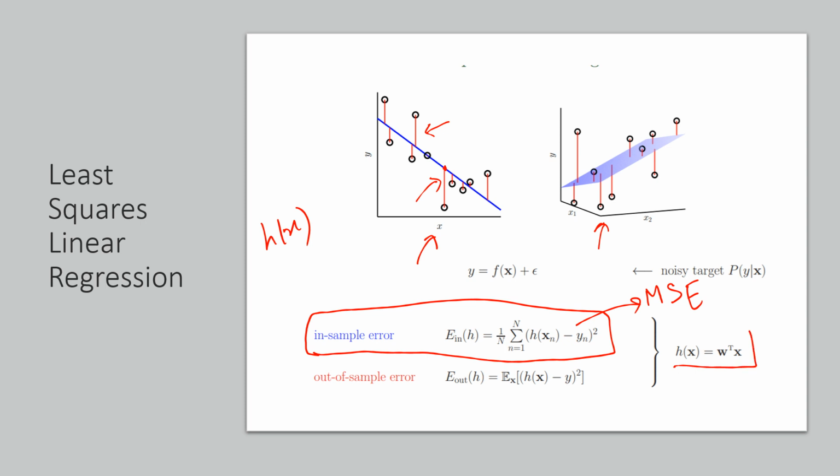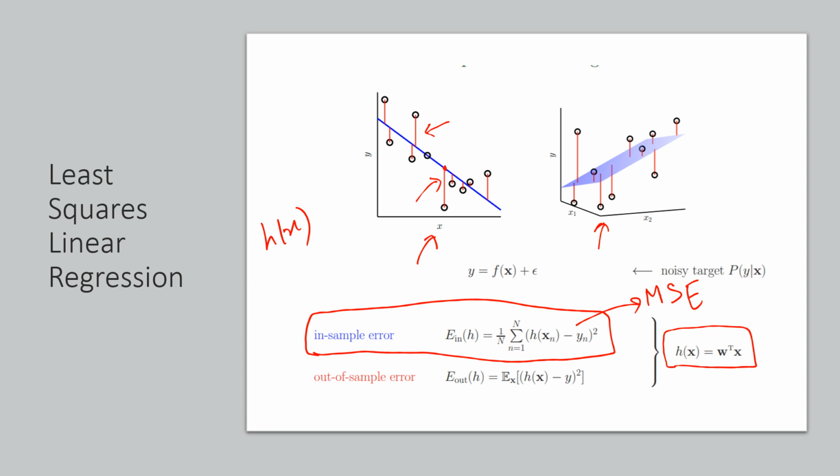And in general, our discussion is going to be completely general. Although we are visualizing it in one, two or three dimensions, in general we are talking about a d-dimensional space, right? So our goal is to minimize this in-sample error to get our final hypothesis. So let us begin actually doing that.